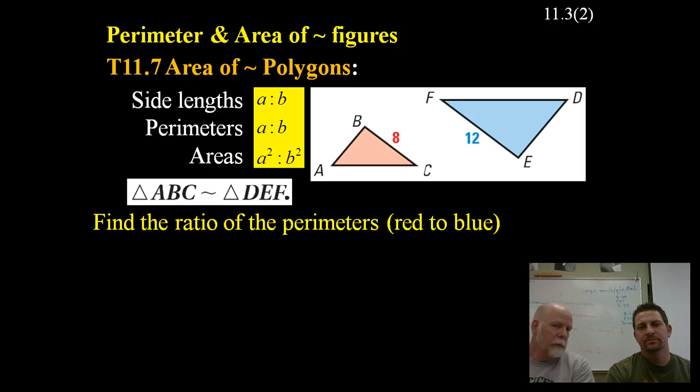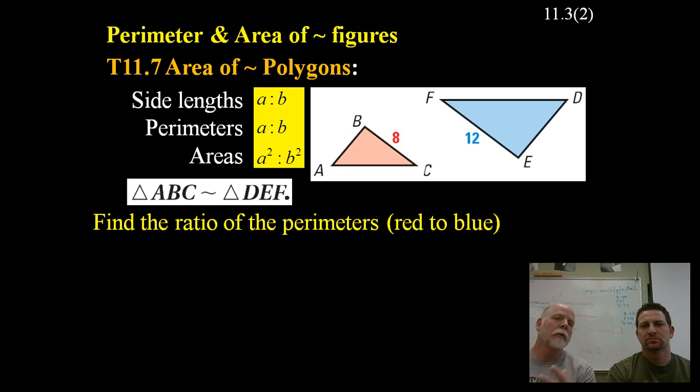The areas are measured in square units, so the proportion is just the squares of each of those sides in ratio to each other. It doesn't matter the shape. The ratio is a squared to b squared if the side lengths are a to b.